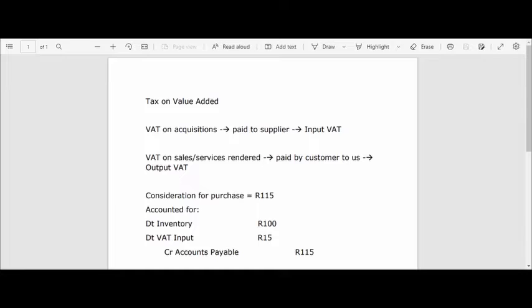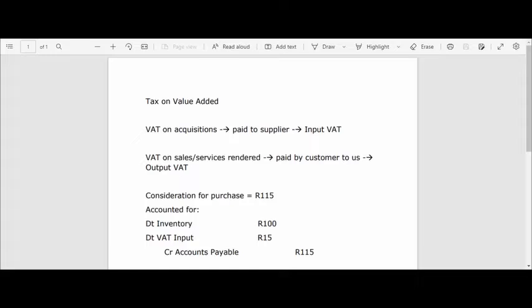So that all has the effect at the end of the day of increasing the selling price more than your original purchase price. So during that process that you are converting or manufacturing a product, as well as, as Keegan said, adding your business's own profit, you are adding value. And effectively, it is on that value that you have added within your business that the value added tax will be paid over.